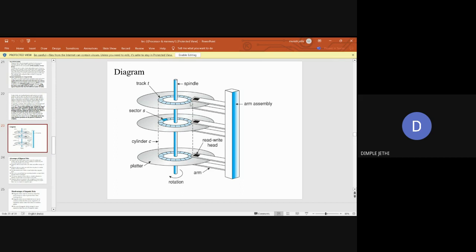All the platters will be on the same track number and sector number. So this makes a cylinder. This is not physically a cylinder. This is just a shape, because all the read and write arms will be reading the same track and sector numbers.